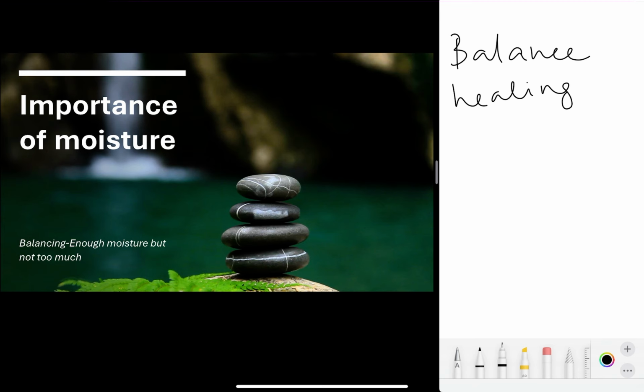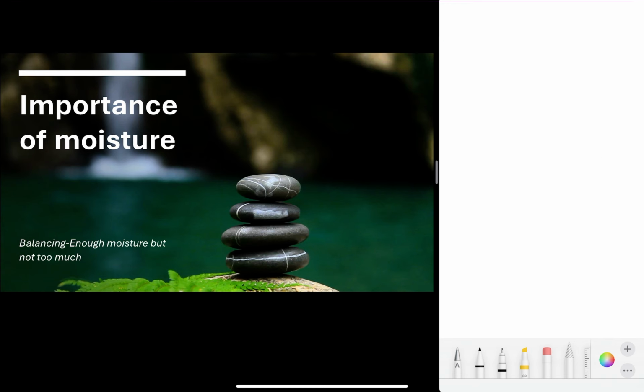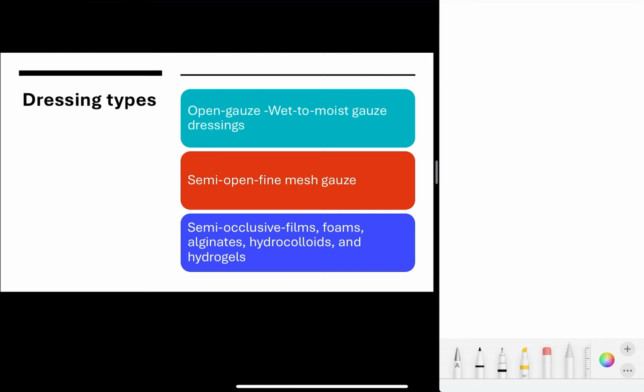Improved wound healing can also be achieved by exposure of the wound to its own fluid, because this wound fluid is rich in platelet derived growth factor. So it's very important to balance the moisture. It should be moist, but not so much as to destroy the viable tissue.